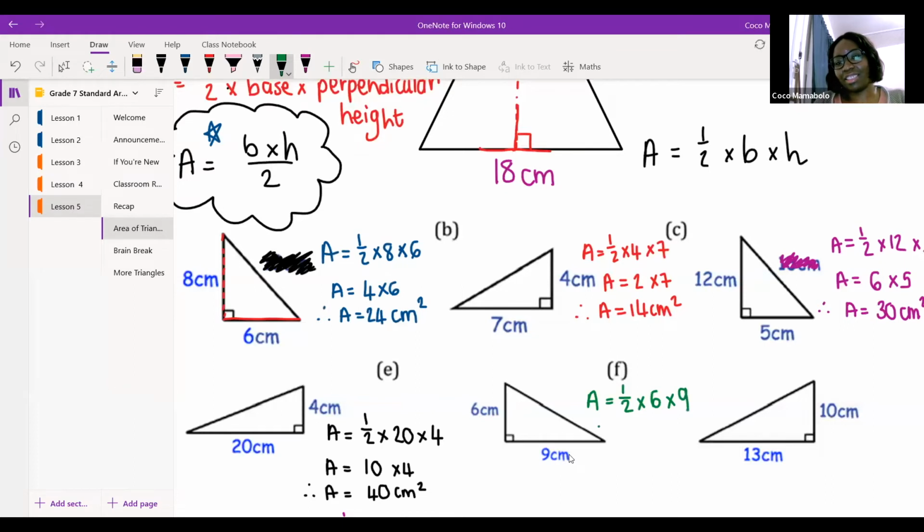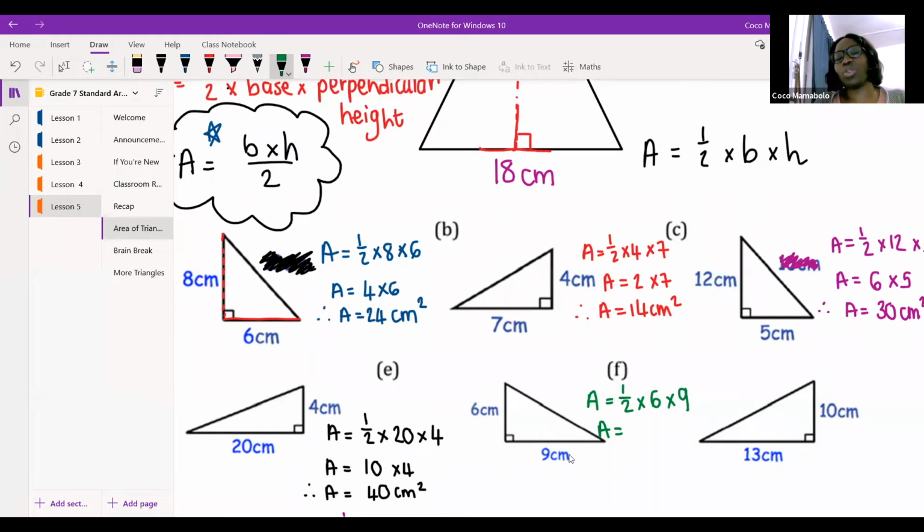And then area is equal to half of 6 is 1... area equals to 27. What I got was the answer.